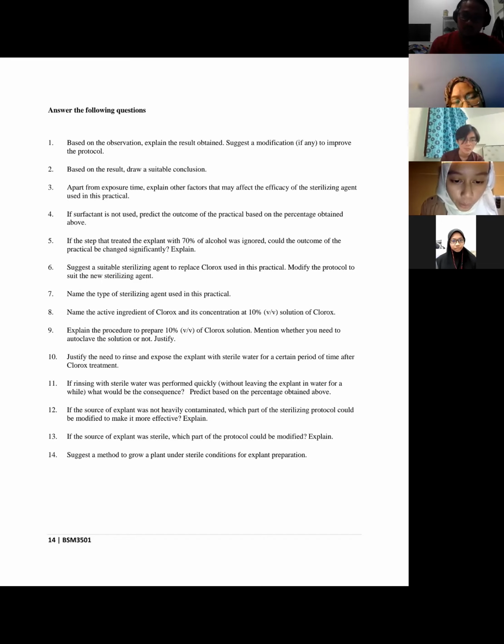So it means that no part should be modified because this is to maintain the sterile conditions of the plant. Apart from that, most probably the use of additional disinfectant or sterilizing agent could damage the structure of the plant. So anyone has any other answer?